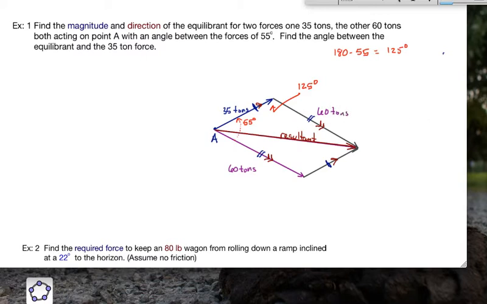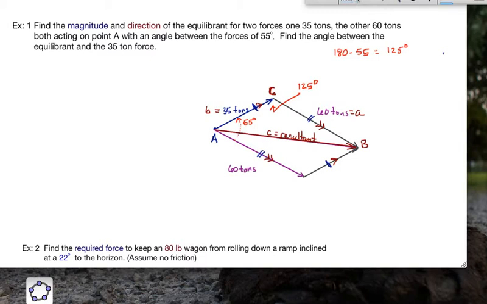So what do I have here? I have side, angle, side. Let's call this A, this B over here, and this side C. So my resultant is little c, 60 tons would be little a, and 35 tons would be little b.